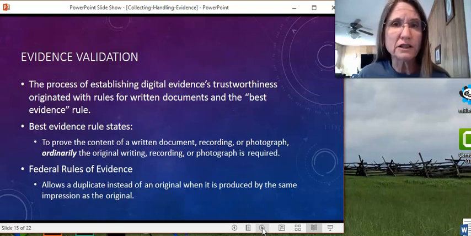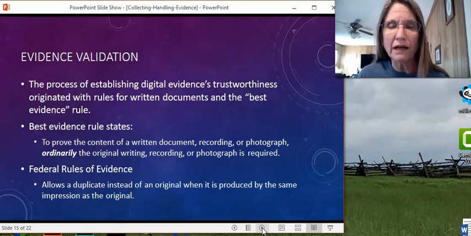This process of establishing your evidence's trustworthiness originates in some rules that have been written into the law, and there is one called the best evidence rule, which states to prove that the content of a recording or a photograph or a document is true, then we must see the original.